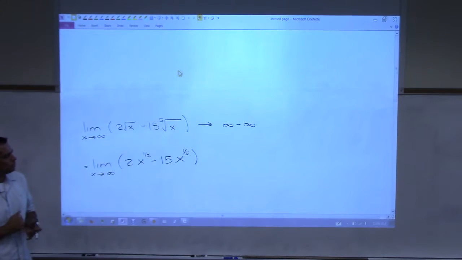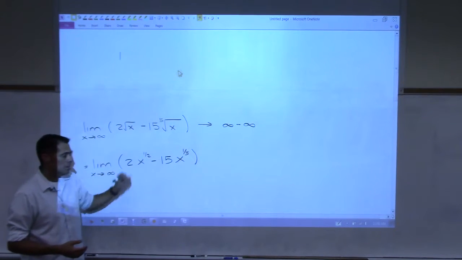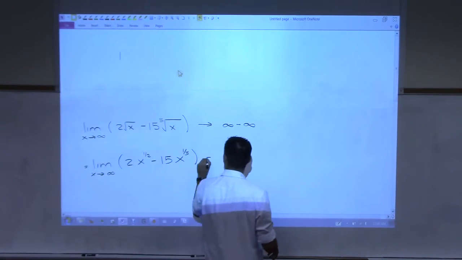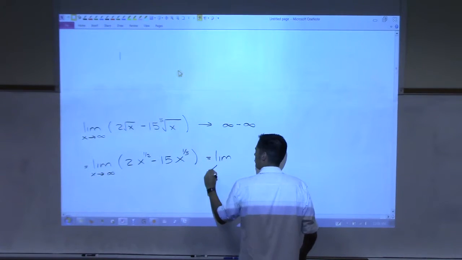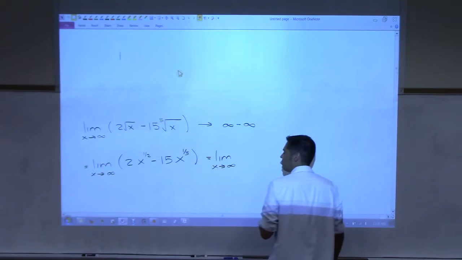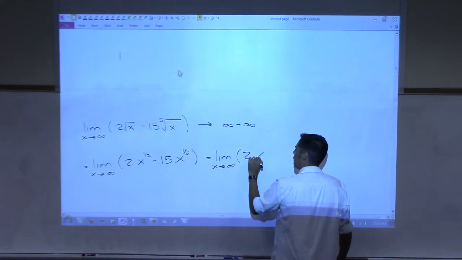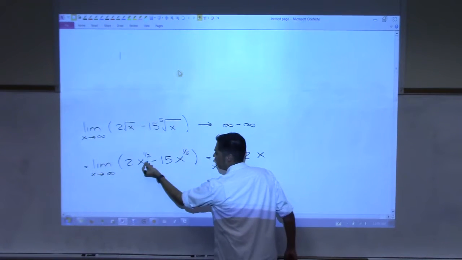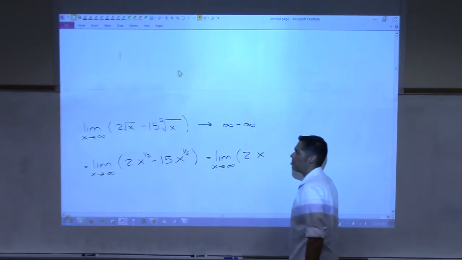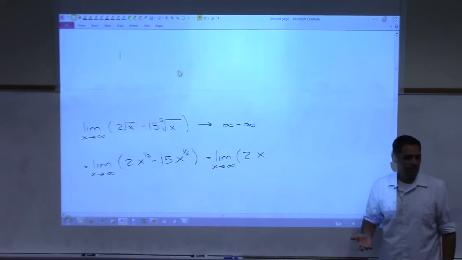I think so. So at this point, there are various ways to go about this. You can factor out an x to the 1/5 right now because it's the smaller of the two. What I like to do, just so that we're all seeing it, is rewrite these with a common denominator. If I take the fractions 1/2 and 1/5, the common denominator would be 10, right?